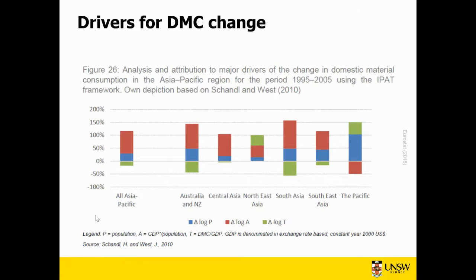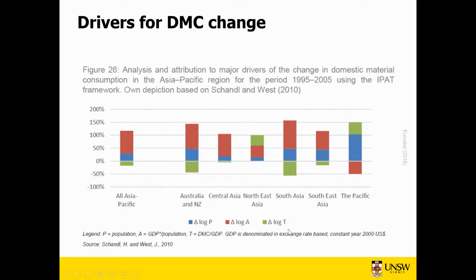Then what we call affluence, which is how rich that population is, given by the GDP per capita. The idea is that the more money you have, the more you can potentially consume, and then you would have more environmental demand.